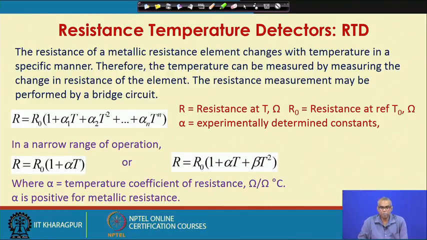So, the resistance of a metallic resistance element changes with temperature in a specific manner. Therefore, the temperature can be measured by measuring the change in resistance of the element. The resistance measurement may be performed by a bridge circuit, Wheatstone bridge principle.